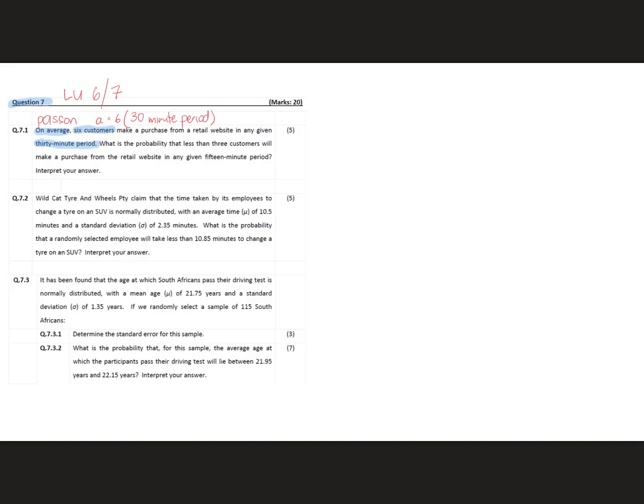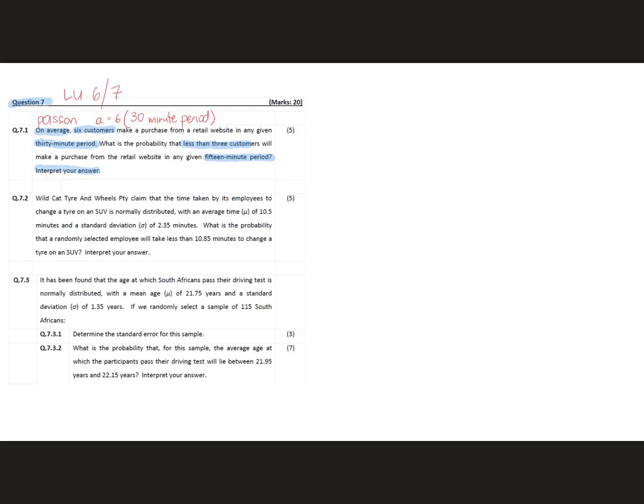Now, I'll explain to you as we continue to read why that was so important. So then they said to you in the actual question now, what is the probability that less than 3 customers will make a purchase from the retail website in any given 15-minute period, and then interpret your answer.